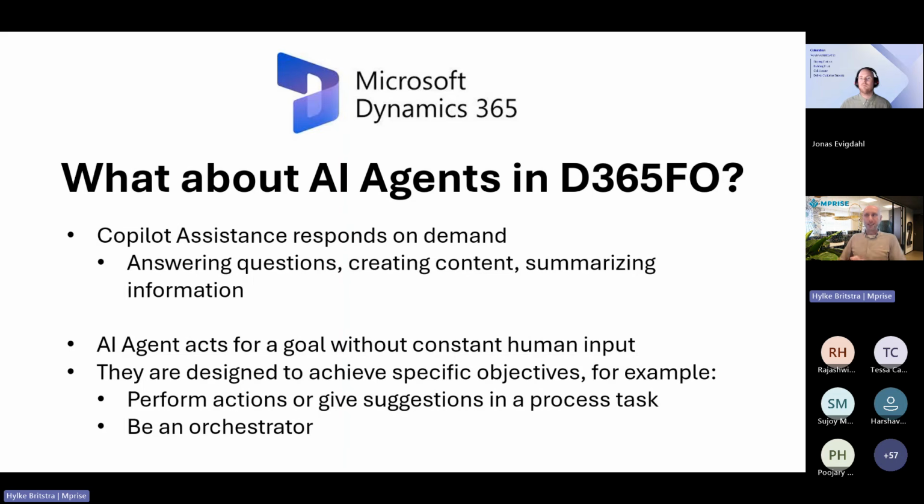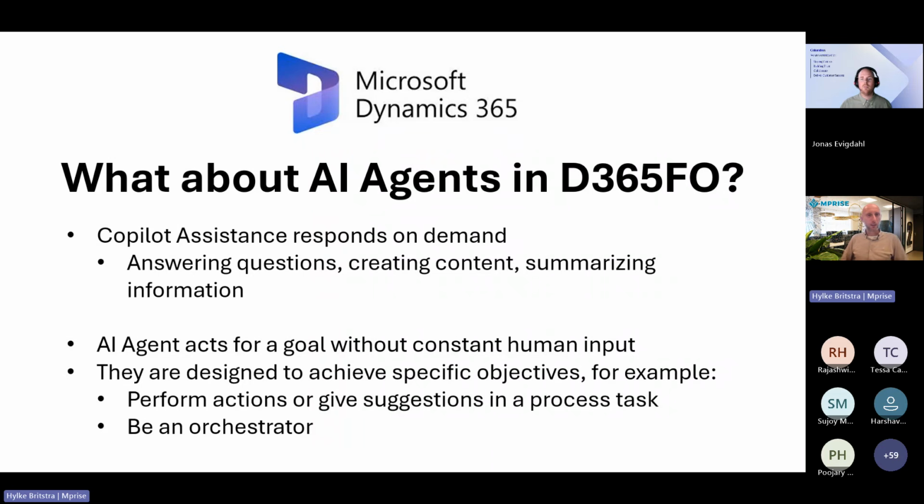When you look at AI agents, they are created to act for a goal without constant human input. An AI agent is created to achieve a specific objective and can work on its own based on all the settings that you gave it. What you see with an AI agent is that it is many times related to a specific process or task, because it is really made to do an action in a specific process.